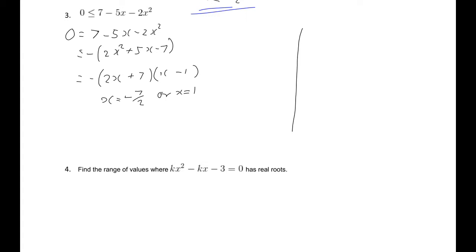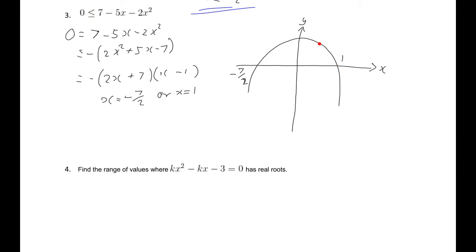Those again are our critical values. Now this time we're going to have a graph that looks like this. That's 1, that's minus 7 over 2. It doesn't matter that these graphs aren't very accurate. They're just there to help you with your workings. So we want all of this to be bigger than or equal to 0.